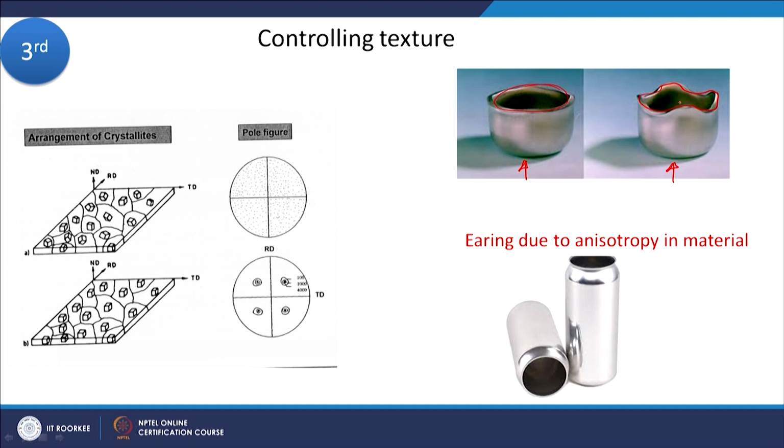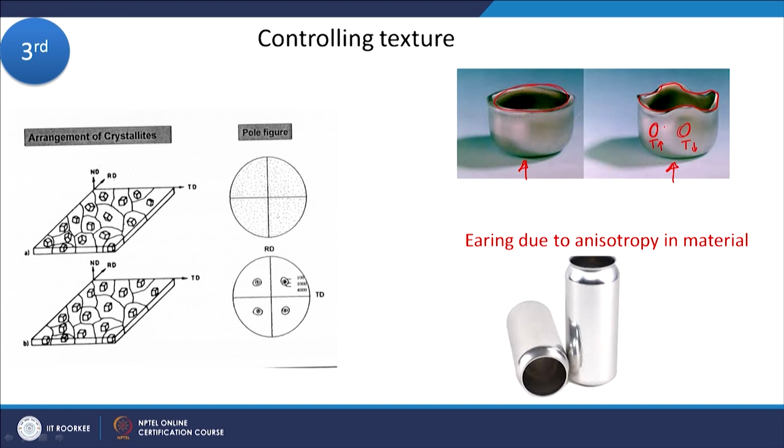It is like our ear. The problem is that because of this ear formation, you have more thinning in the regions where the ear is formed. So, the thickness is lower here and in this part the thickness is more.